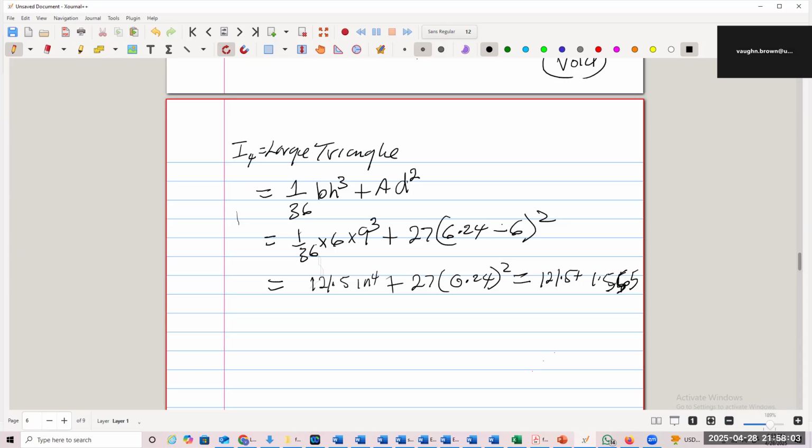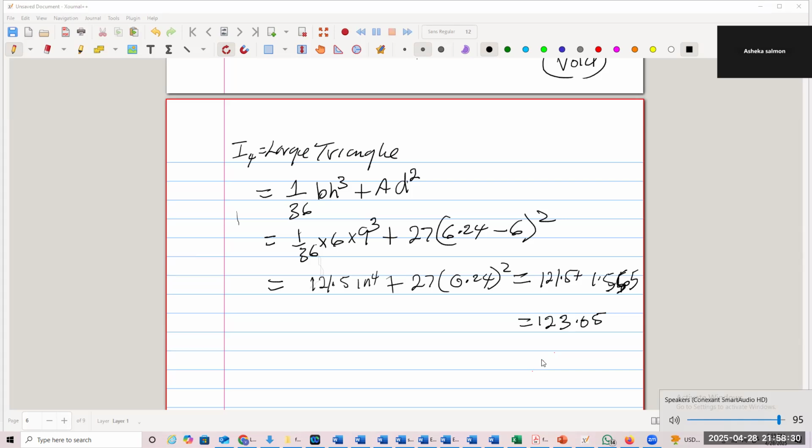So you're gonna add that to 121.5. When doing the other parts of the question, it's okay to do three sig figs, but when doing this part, four is fine.